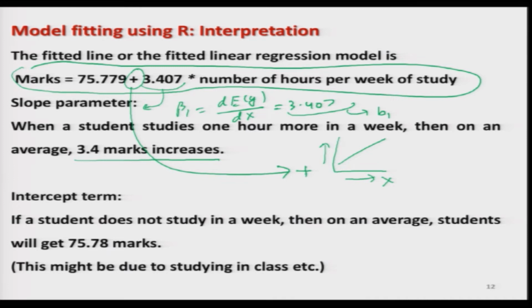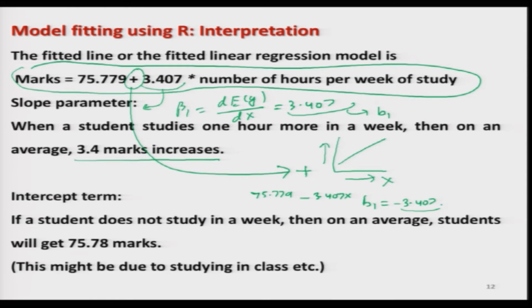Suppose for a while, this relationship would have been something like 75.779 minus 3.407 x. This means what? The interpretation of b1 will remain the same, that if a student studies for 1 hour more, then there will be a change in the marks by 3.407 units.